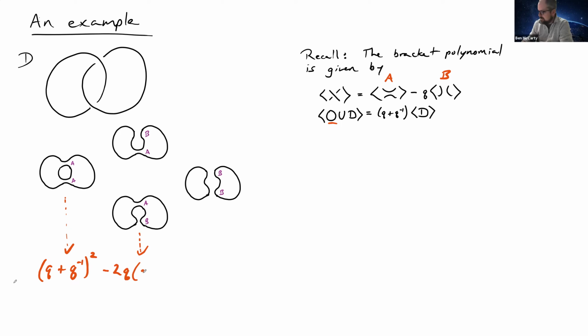And there's going to be a single copy of Q plus Q inverse because there's a single loop. And then for the last one, what we have is two B smoothings. So that's going to give us a minus Q times a minus Q, or Q squared. And then we have Q plus Q inverse squared.